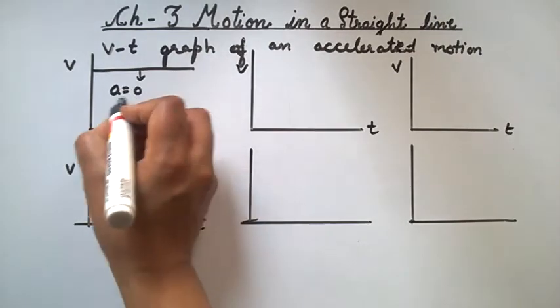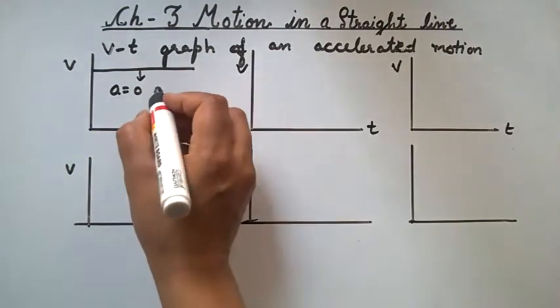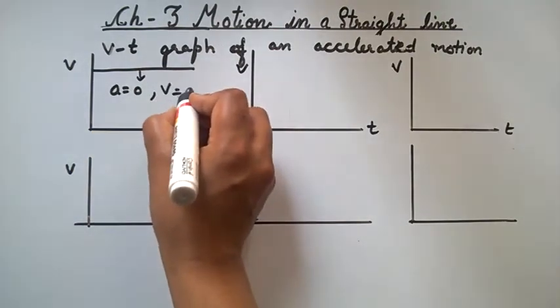Acceleration is zero for a non-accelerated body, and velocity is constant.